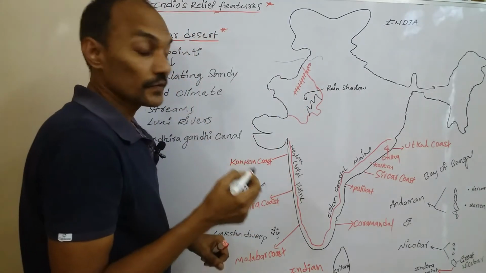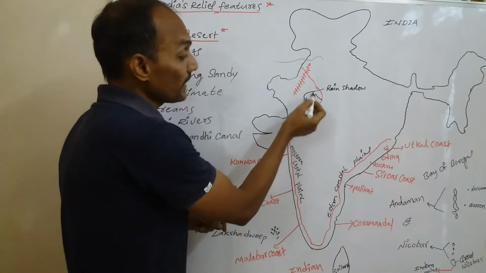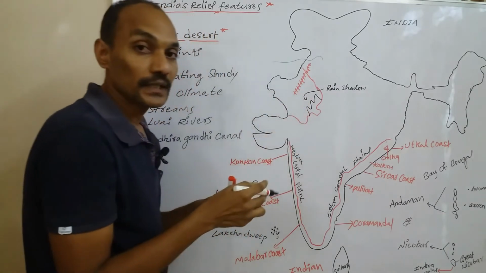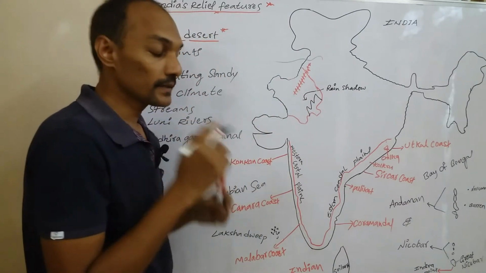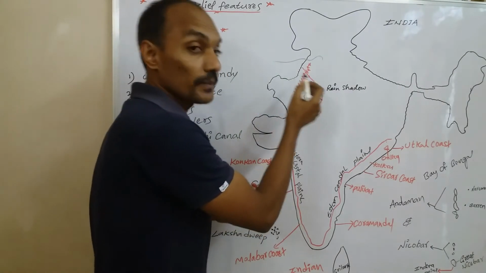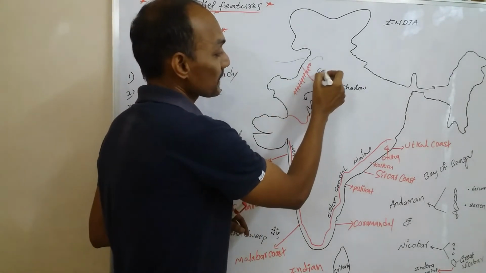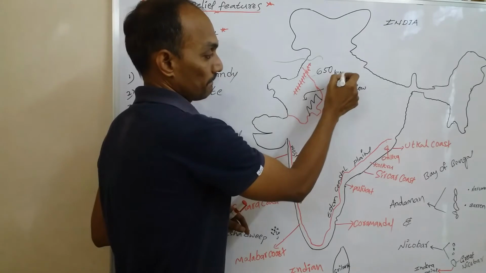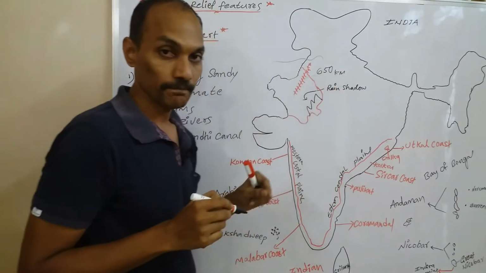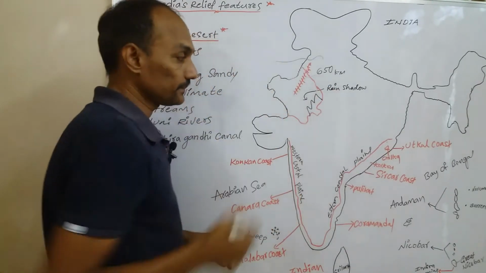After the canal was built, some area of the Thar Desert has been brought under cultivation. That means some people are growing crops in this area. This canal's length is approximately 650 kilometers. This is the most important thing in the Thar Desert.